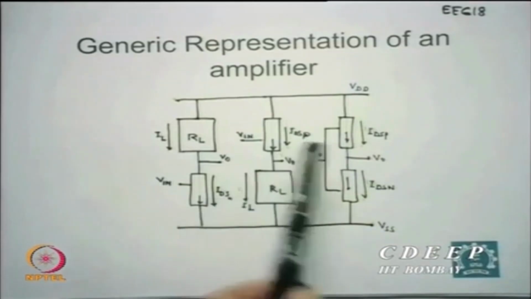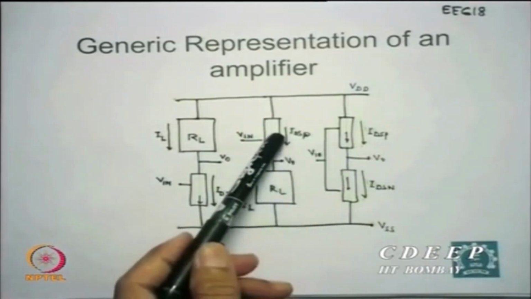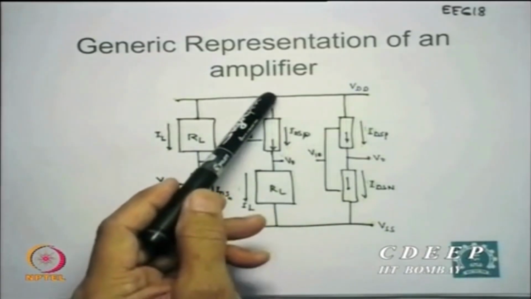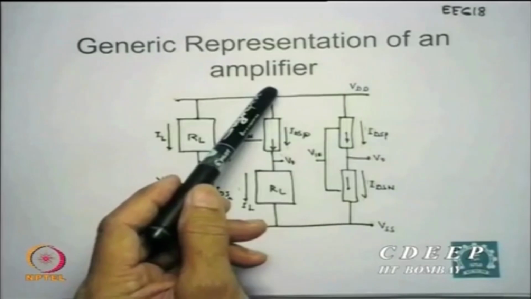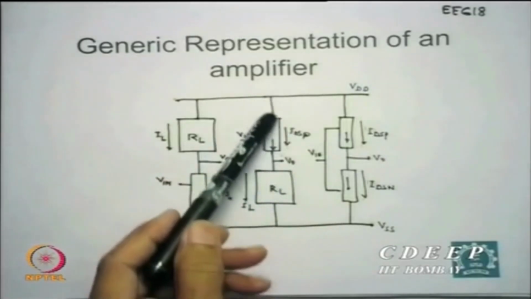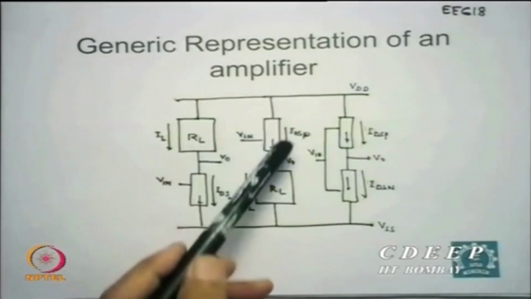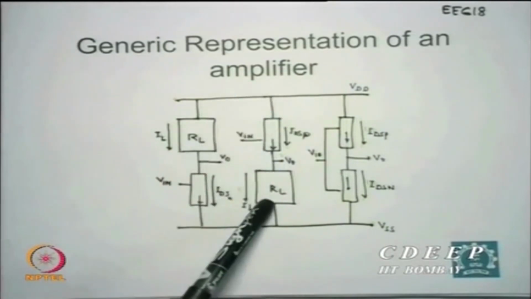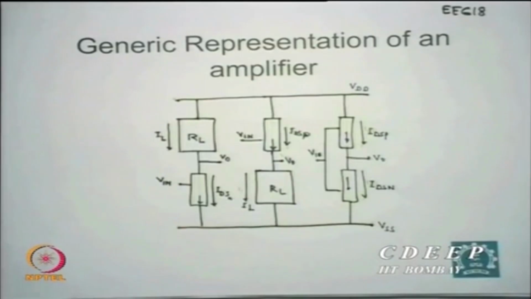The other version could be a p channel device or PNP transistor, and since you want to keep the power supply the same positive VDD, this then becomes the source, and this becomes the drain for the p channel device, and the load is downwards, and by the same method the output is obtained. The reason is that current can always flow from power supply to the ground irrespective of carriers.